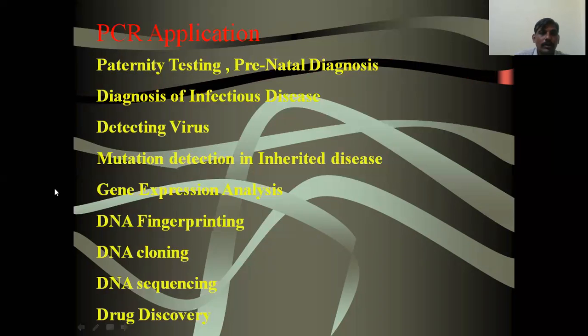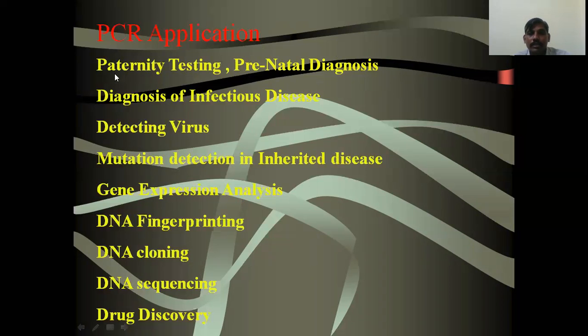So first of all, the first application of the PCR mechanism is generally used in paternity testing and prenatal diagnosis. At the time of embryo development, we can easily know the sex of the infant or the baby with the help of PCR technique.